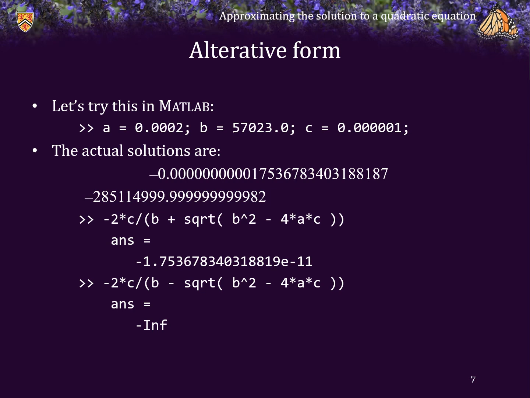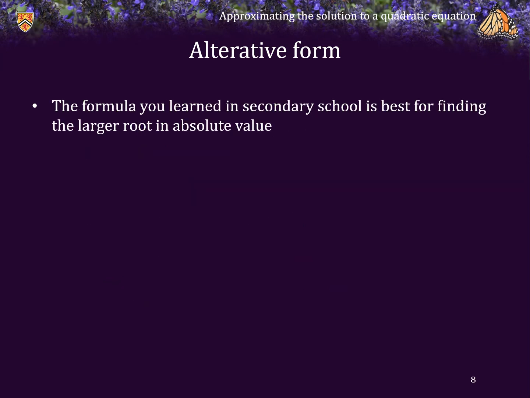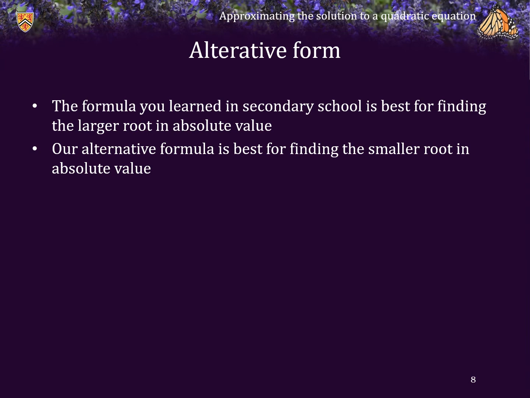Larger and smaller in absolute value. So therefore, the formula you learned in secondary school so well is actually only really useful for finding the larger root in absolute value. We now have an alternative formula that is best for finding the smaller root in absolute value.